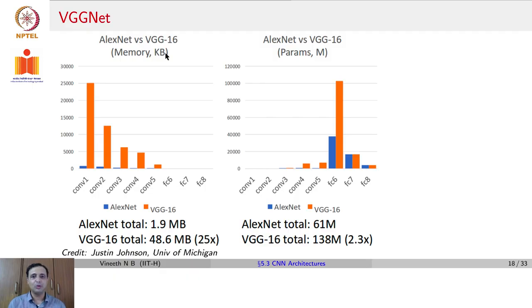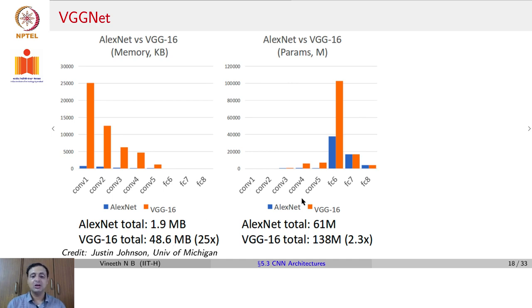Remember again, when we say number of neurons, we mean the size of the feature maps, because every pixel in every feature map is a neuron for us in a CNN. So you can work this out carefully and find that AlexNet has a total of 1.9 MB versus VGG16, which has 48.6 MB memory.